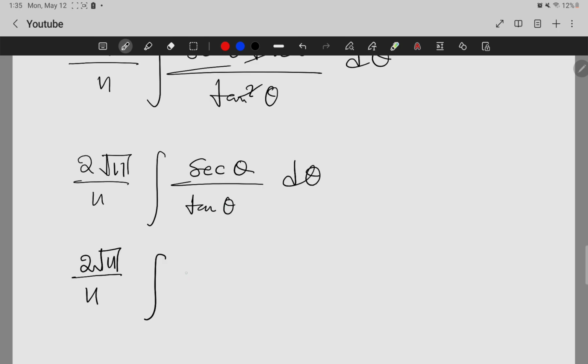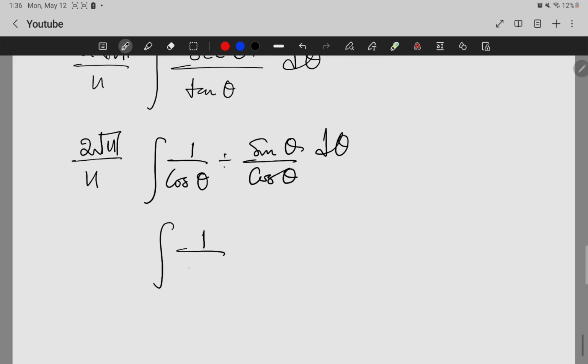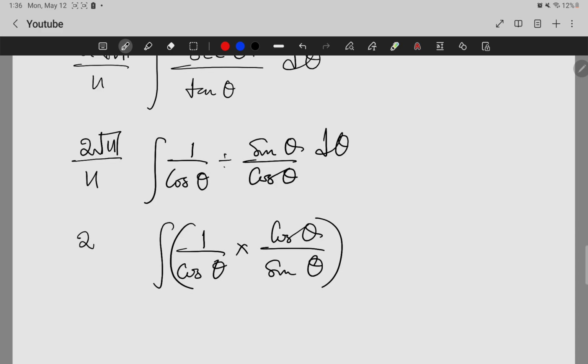Sec theta, we know, is the same as 1 over cos theta, and tan is the same as sine theta over cos theta. When you change the division to multiplication, you now have the integral of 1 over cos theta multiplying cos theta over sine theta. Here you still have 2 root 11 over 11.